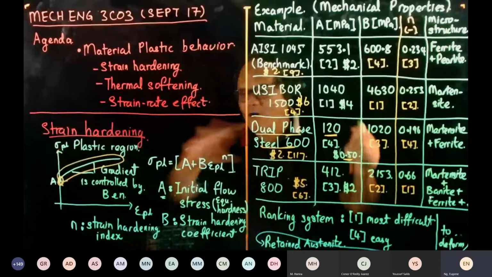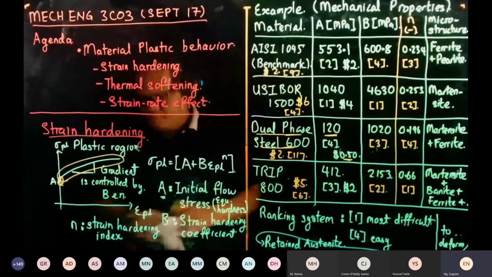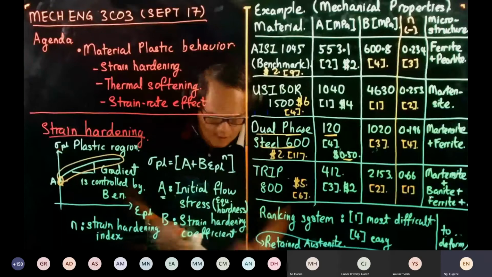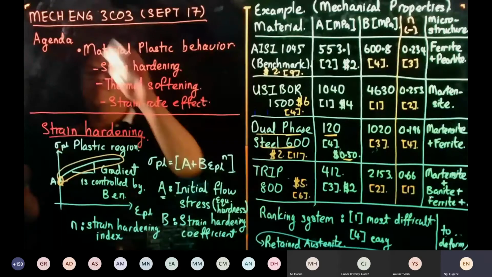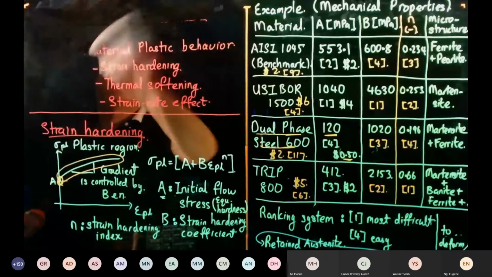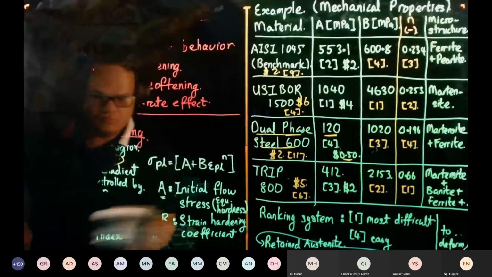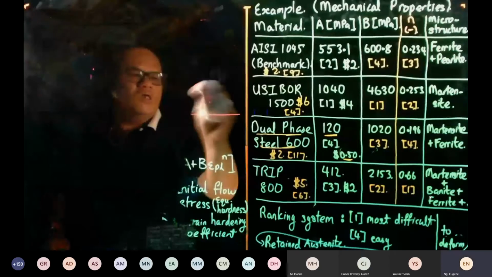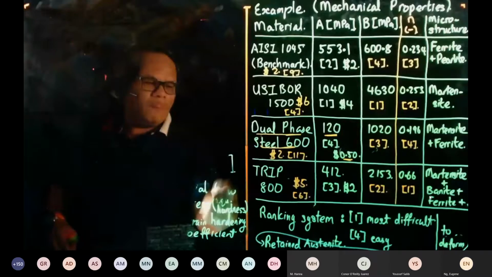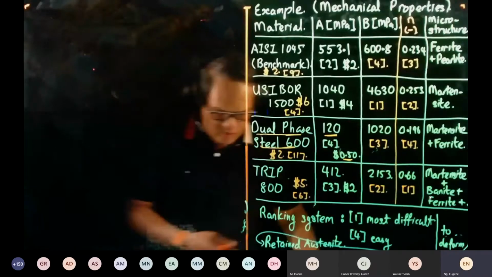Okay, how much does it cost to deform the material? So we are going to focus on two materials now. Anyone, any question so far? No? Okay, so we're going to look at two materials now.